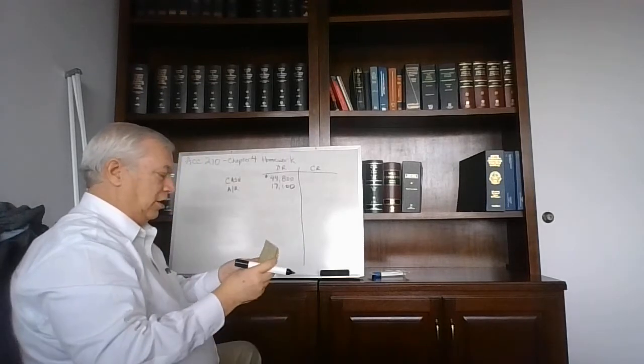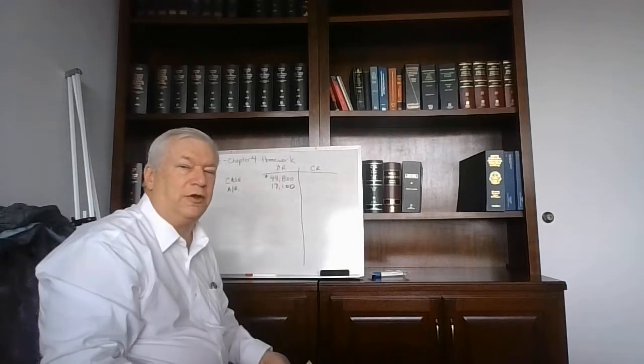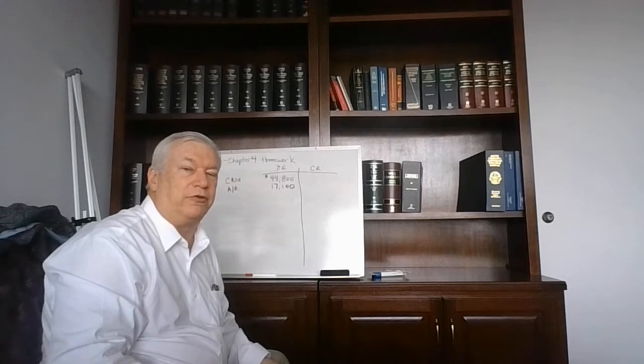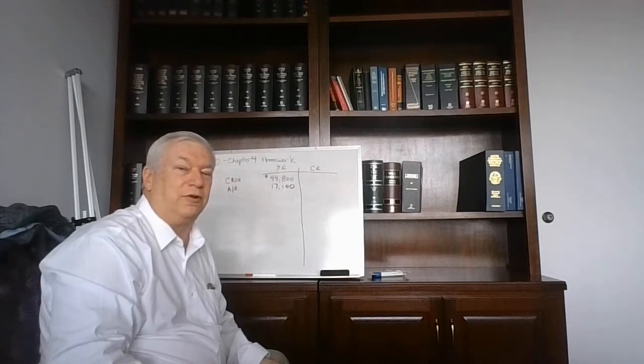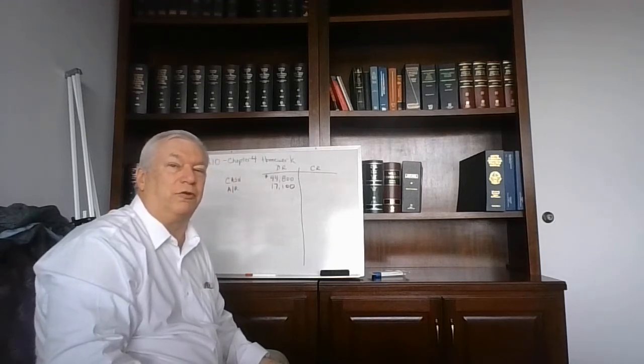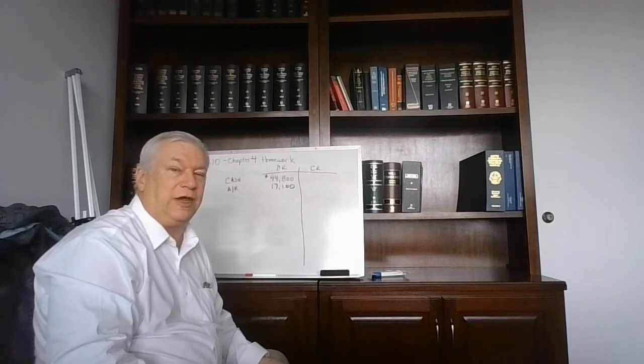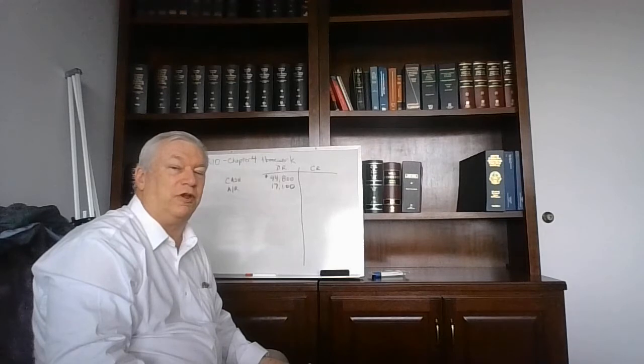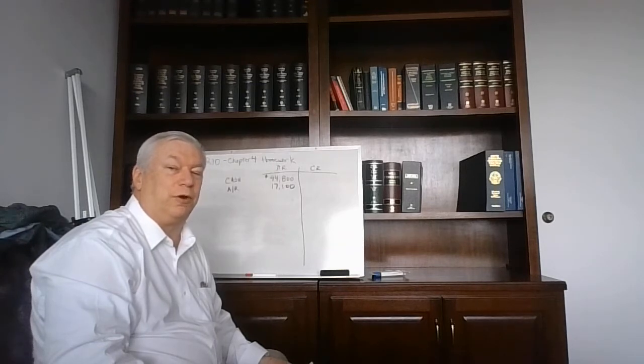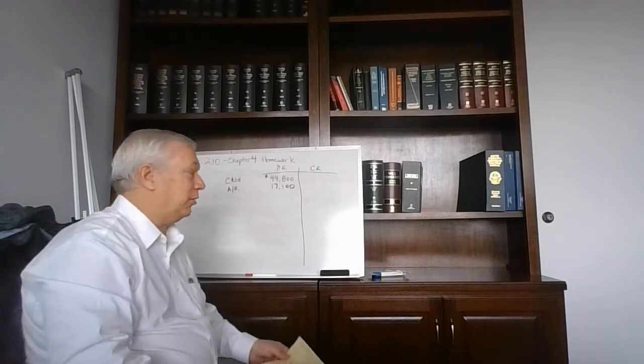Okay, now prepaid insurance. Now on the unadjusted trial balance, it was $16,000. And remember, prepaid insurance is another short term, it's a current asset. But we had an adjusting journal entry that had to reduce the prepaid insurance from $16,000 down to $12,000 at the end of the period.